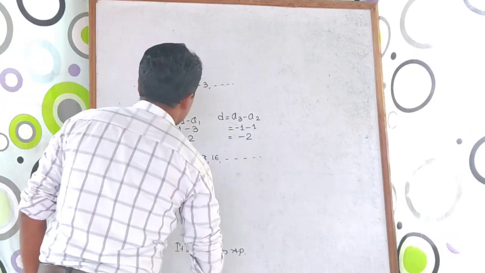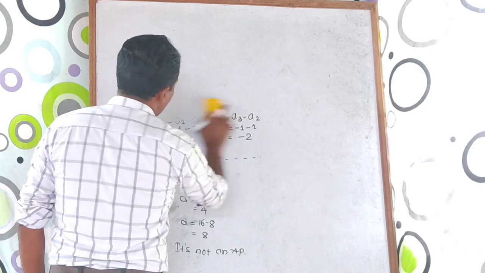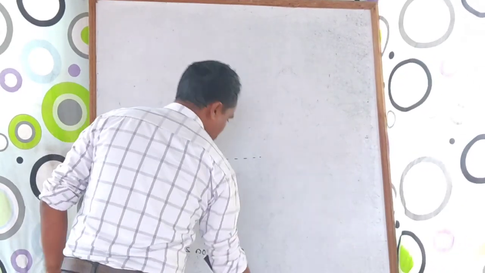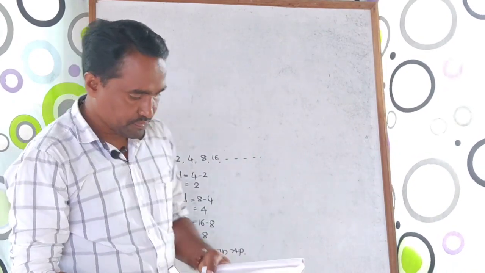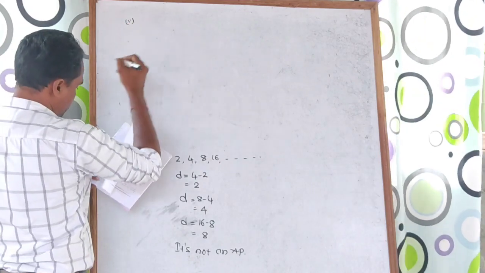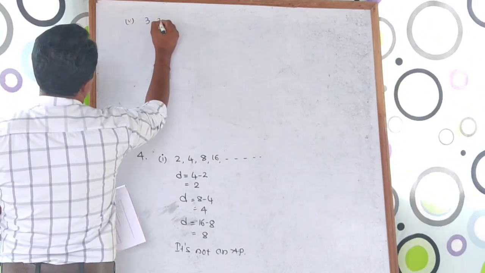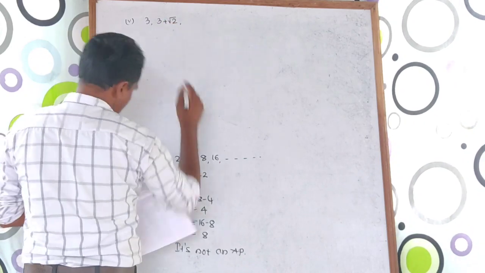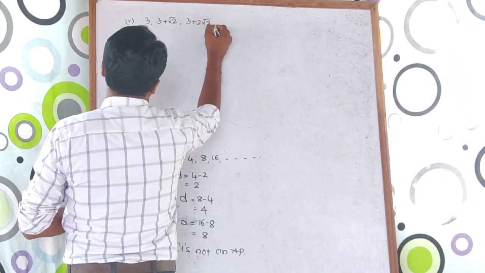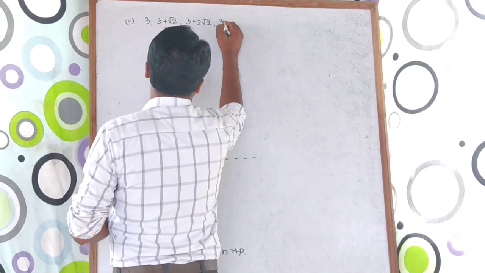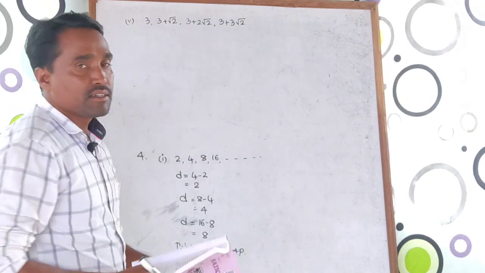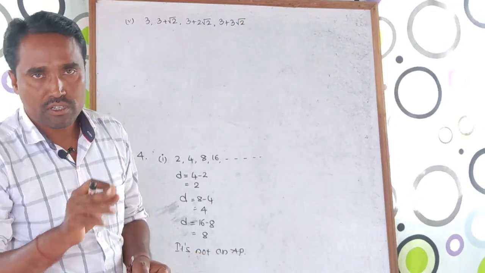I will show a very difficult question. I have observed in my classes that most of the students always ask this question. Look, question number 5: 3 plus root 2, then 3 plus 2 root 2, next 3 plus 3 root 2. Now the question is whether it is an AP or not.